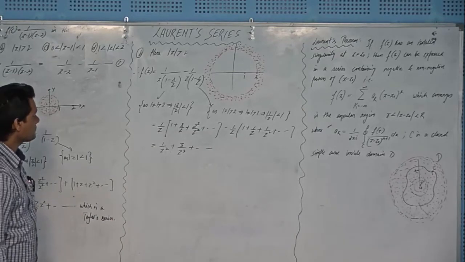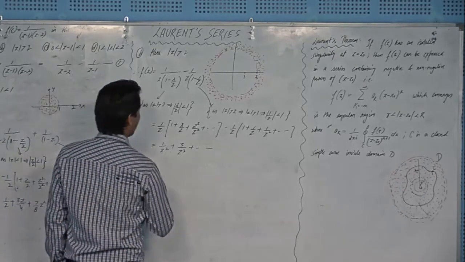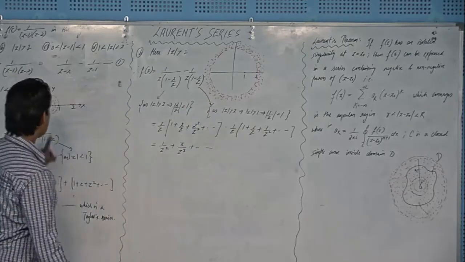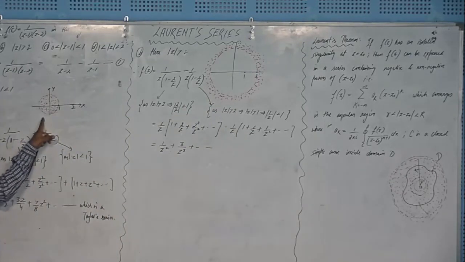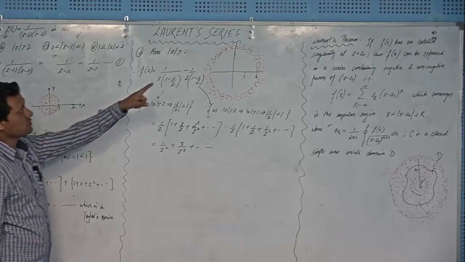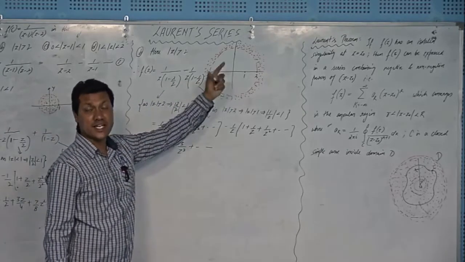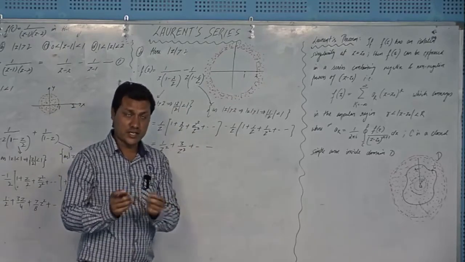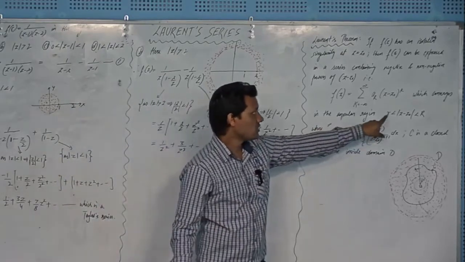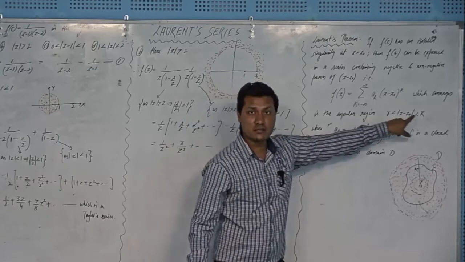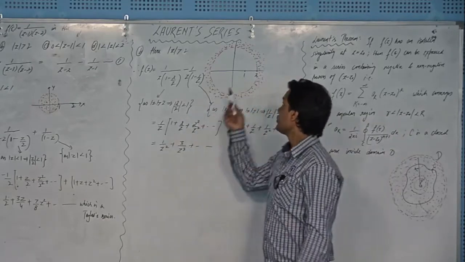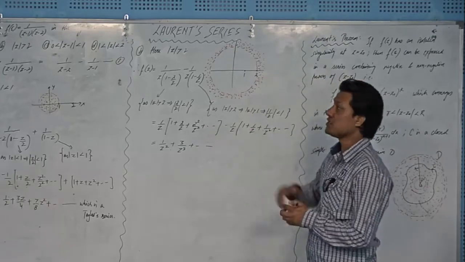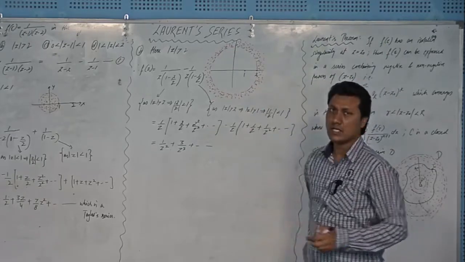Third, and again, this is a kind of annular region. However, the earlier one was not an annular region, it was an open disk, but this is not a disk. Actually, it is an annular region, and if I say it is an annular region, there should be a small r and a capital R. Annular region indicates the small radius and the bigger radius. The small radius is actually 2, and the bigger radius is infinity, because this region extends up to infinity.